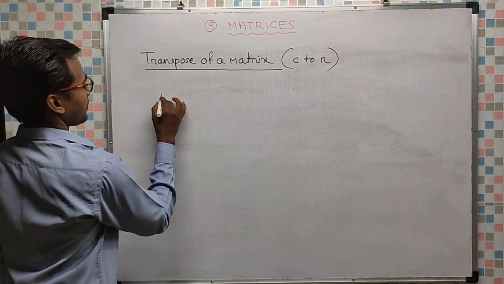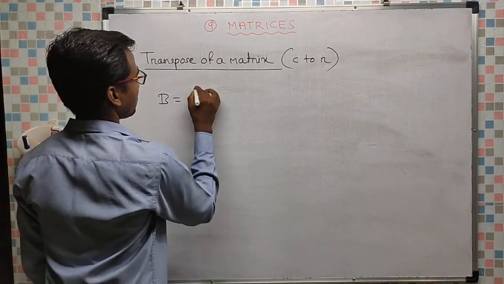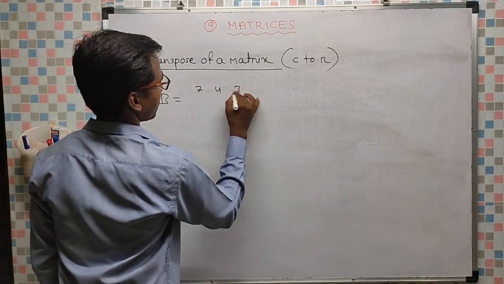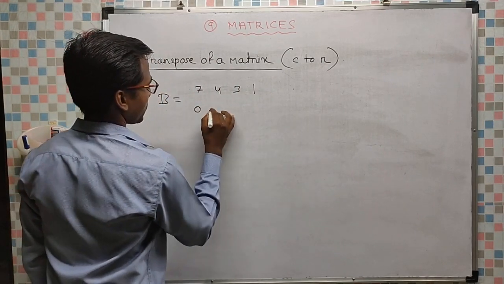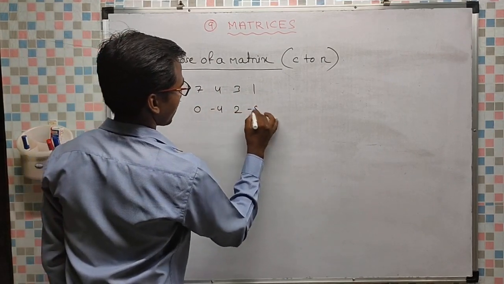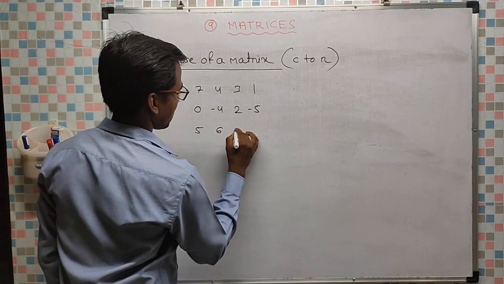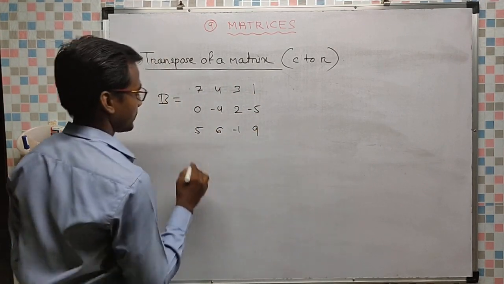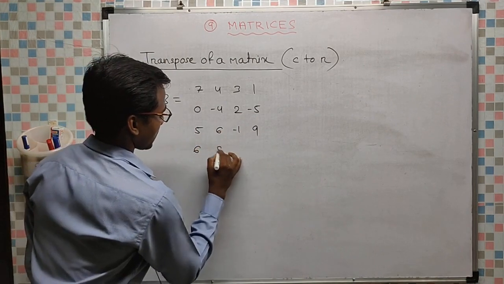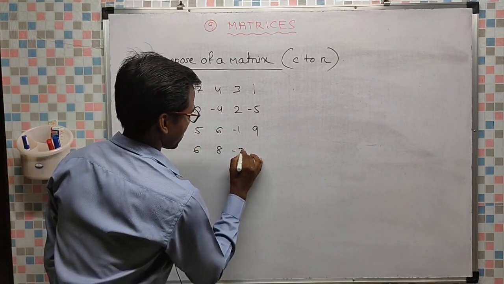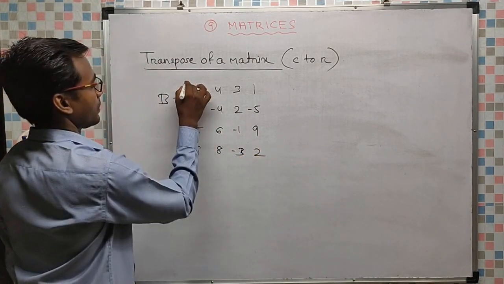Suppose we have B is equal to 7 4 3 1, 0 minus 4 2 minus 5, 5 6 minus 1 9, 6 8 minus 3 2.